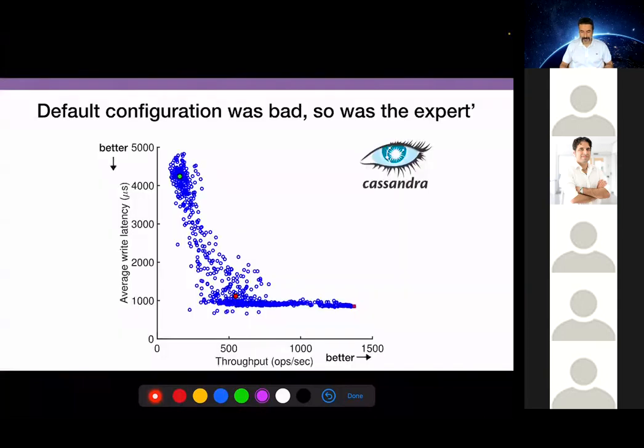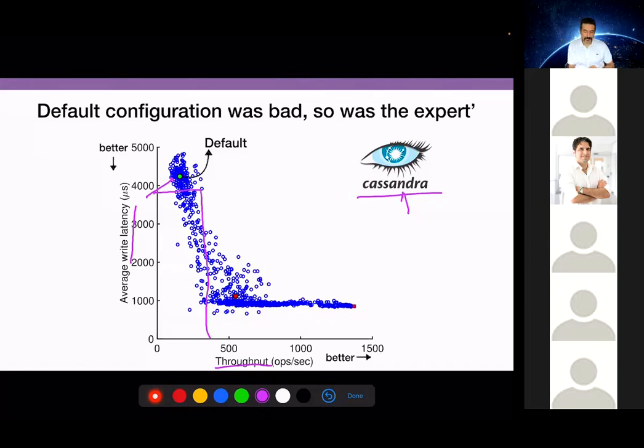So specifically about Apache Cassandra, we look at this configuration. This is the performance of the configuration. Let me clarify, each dot represents one configuration for this component, right? And we measured write latency as well as the throughput for this particular component in the pipeline. So for each configuration, you can find its corresponding throughput and write latency.